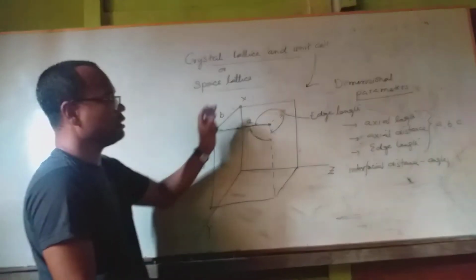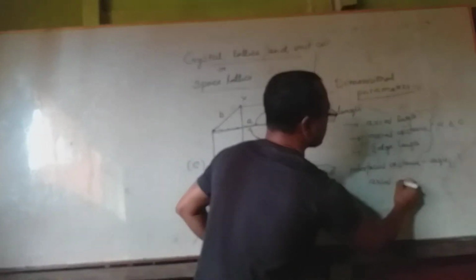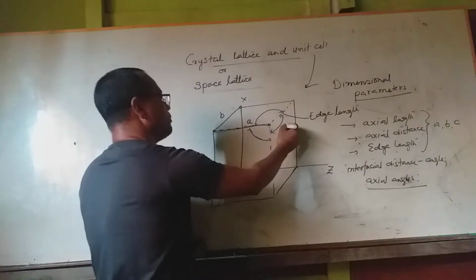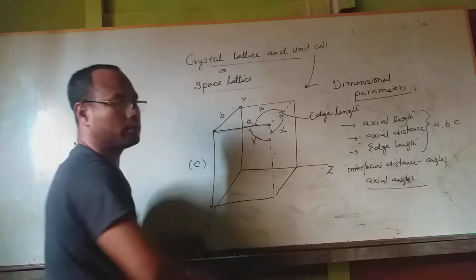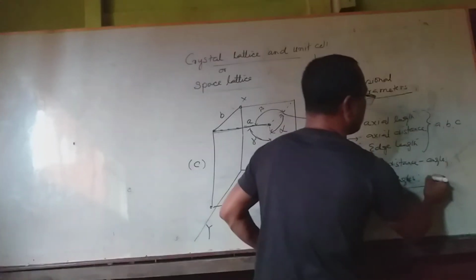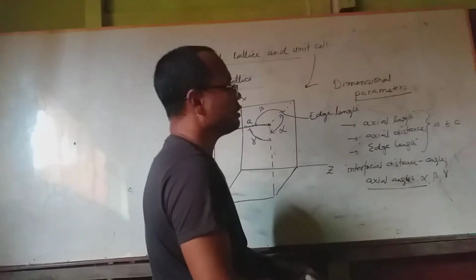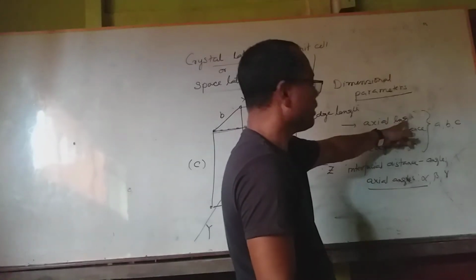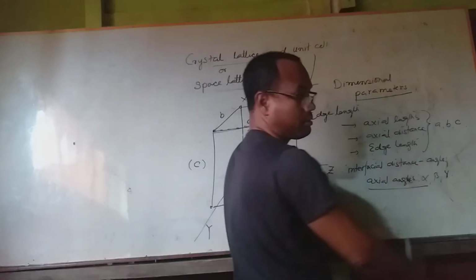There are 3 interfacial distances or angles. These 3 interfacial distances we generally call axial angles. These axial angles I mark here alpha, beta, and gamma. Now I repeat: these A, B, C are the axial lengths or axial distances.